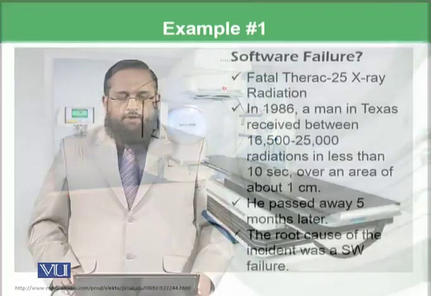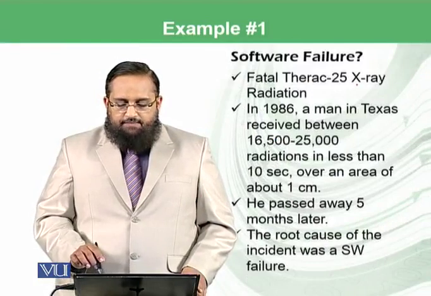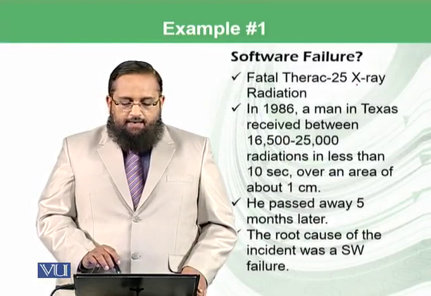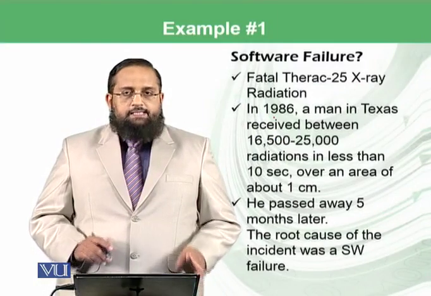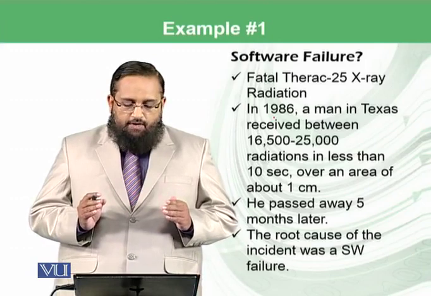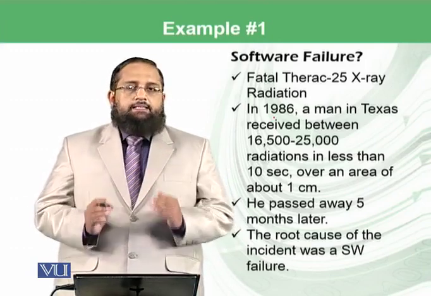If we go into the details, this was the Therac-25 X-ray radiation machine, and in 1986 a man in Texas received 16,500 to 25,000 rads of radiation in less than 10 seconds.